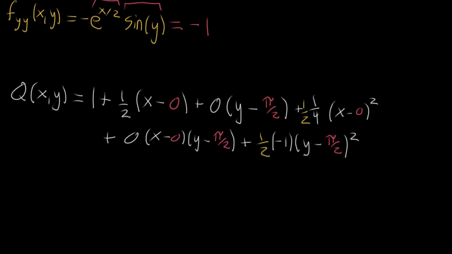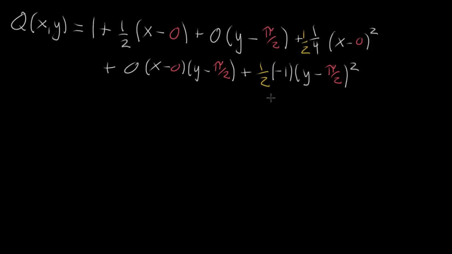And now this is something we can simplify quite a bit, because that 1 stays there. 1/2 of x minus 0, that's just x halves. This whole part cancels out to 0, so there's nothing there. Over here we have 1/2 times a fourth, 1/8 times x squared. So that's x squared divided by 8.